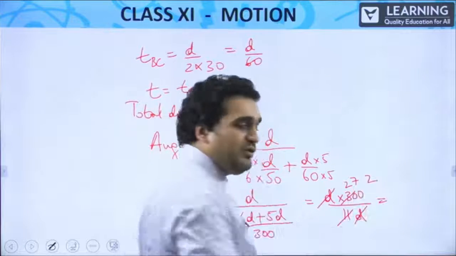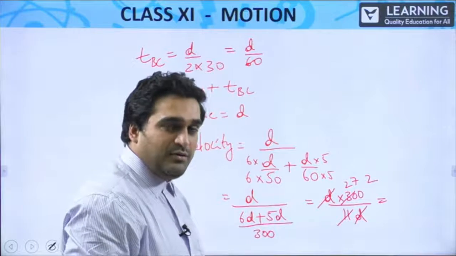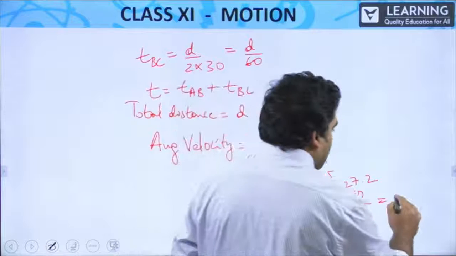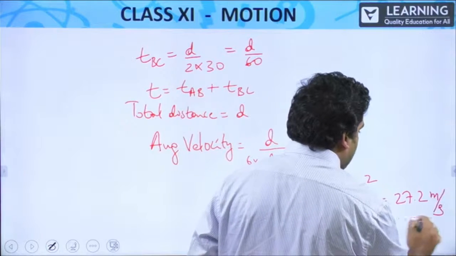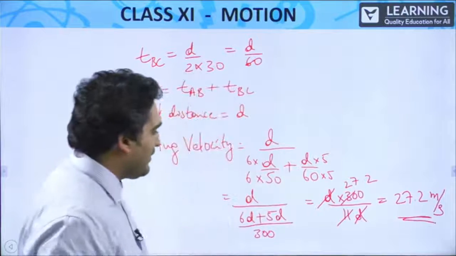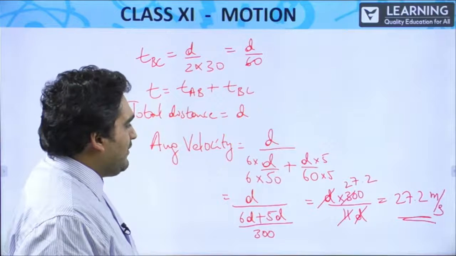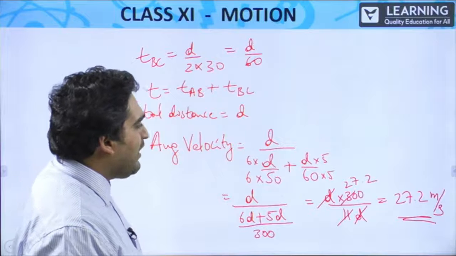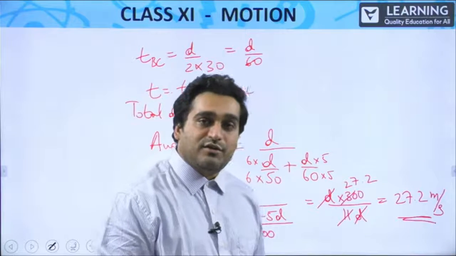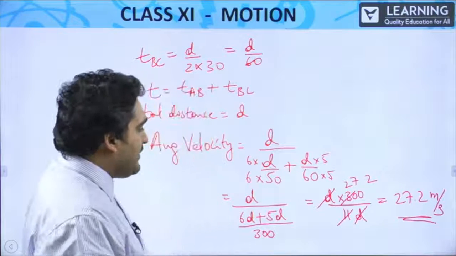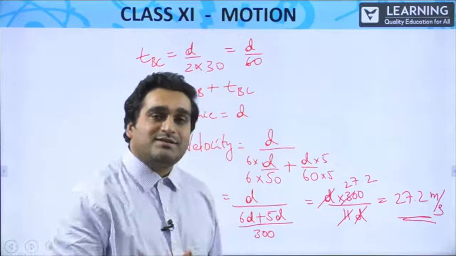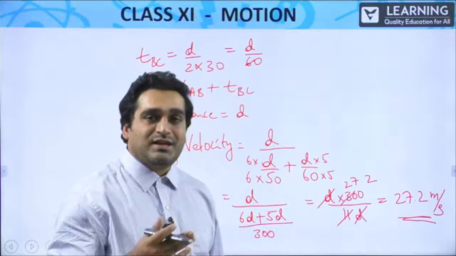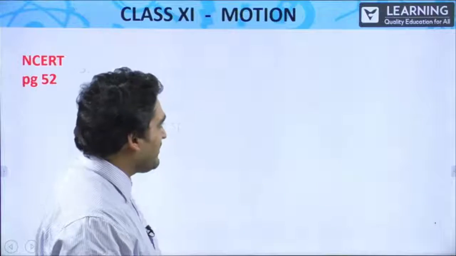So 27.2 if I'm not mistaken. So you get 27.2 meters per second. All right, so this is how you identify average velocity. Average velocity is determined by taking the fundamental quantities of total distance and total time. So don't just add up and write the solution.